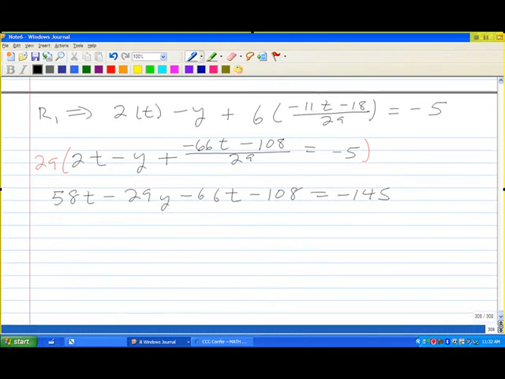Combine like terms: 58t minus 66t is negative 8t, minus 29y minus 108 equals negative 145. Let me add 108 to both sides, and add 8t to both sides.